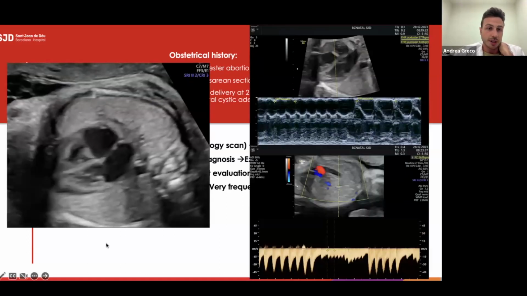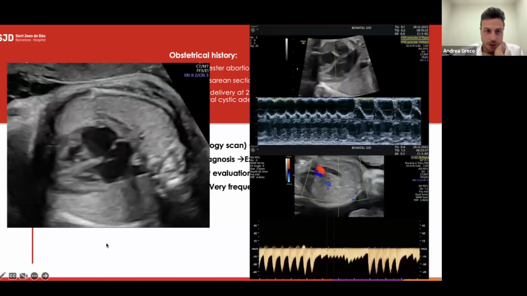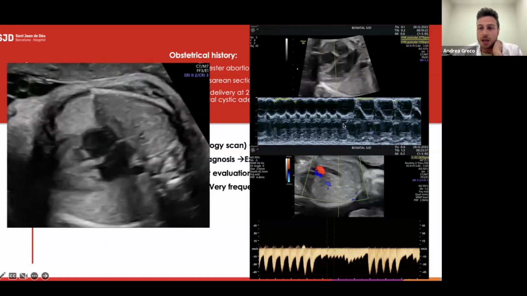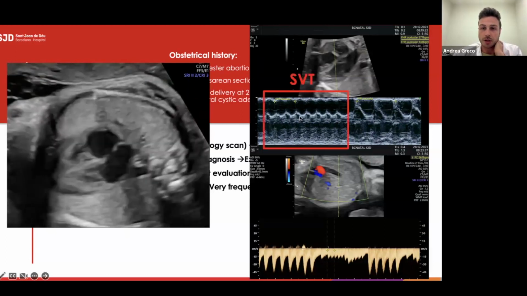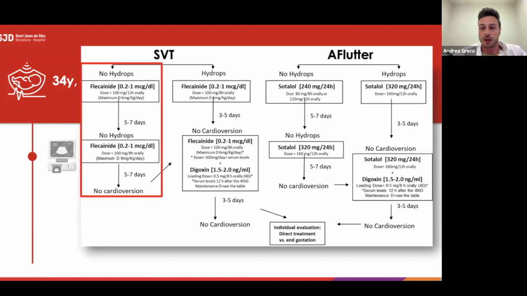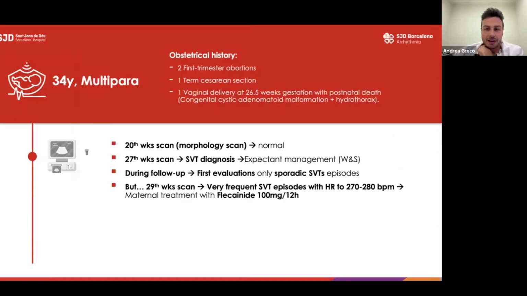So here, this is the tachycardia in 2 dimensions, and here on the right, we can see the M mode during the tachycardia and during the sinus rhythm. So following our fetal treatment protocol, in case of fetal arrhythmia, we start maternal treatment with flecainide, 100 milligrams twice a day.